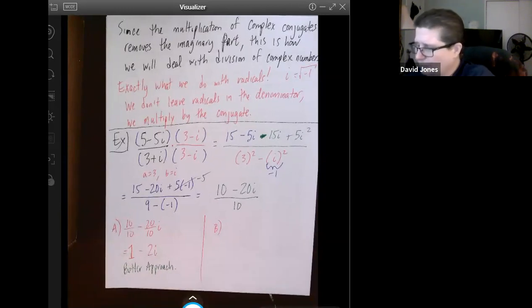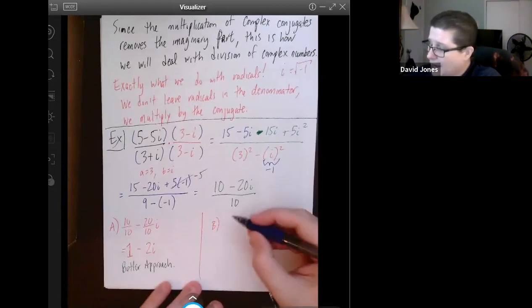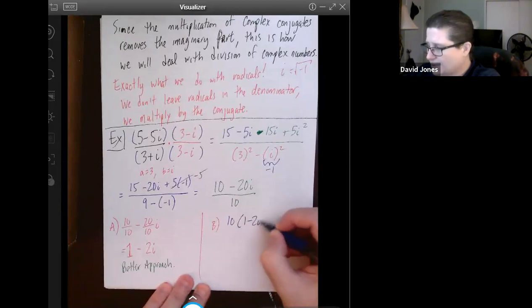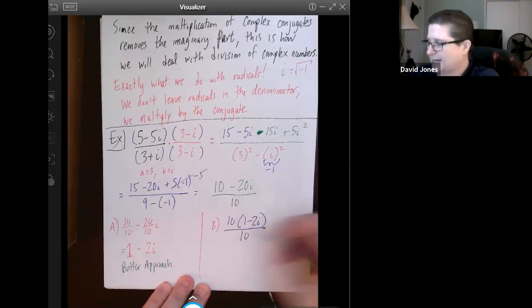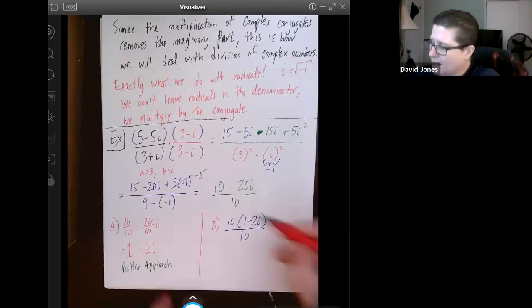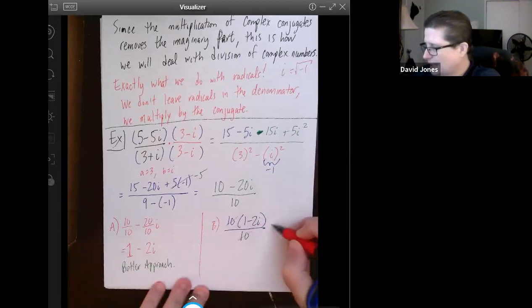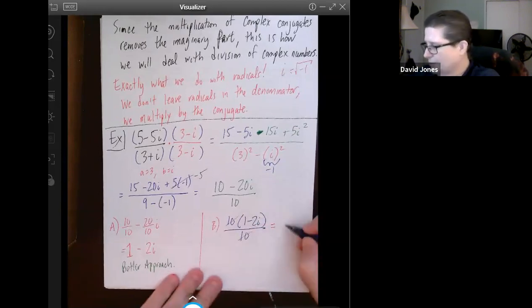But it is helpful to practice your other math skills because they're helpful. I could also factor a 10 out of the top, and I get 1 minus 2i over 10. And now I've got 10 on top and bottom. They cancel, and I'm left with 1 minus 2i again.